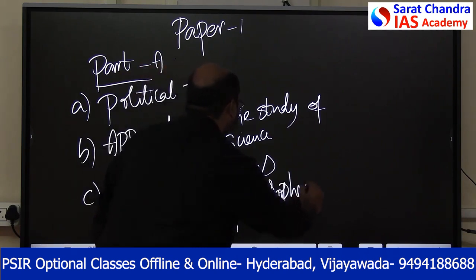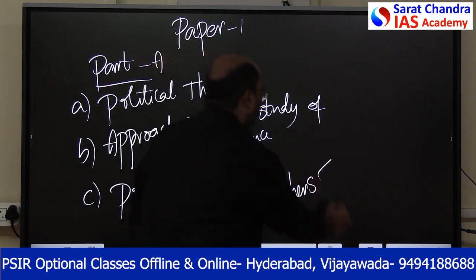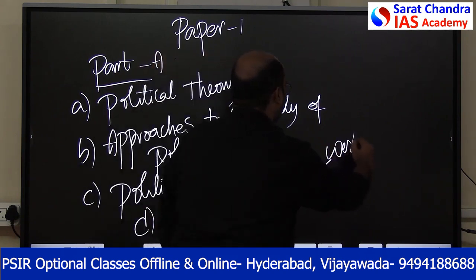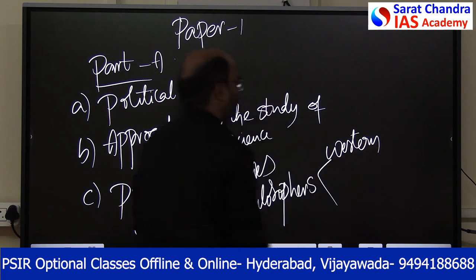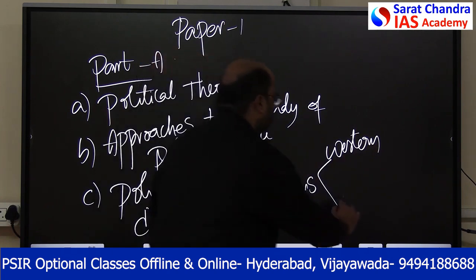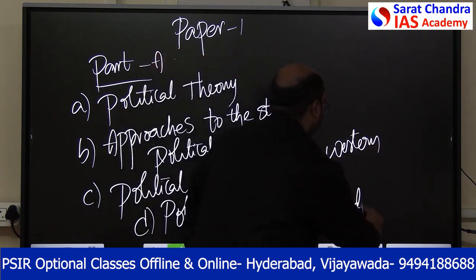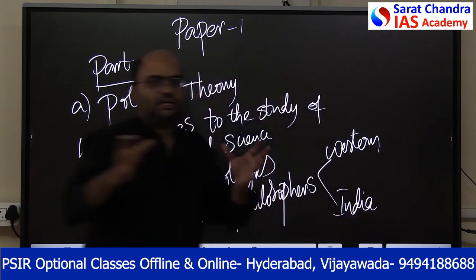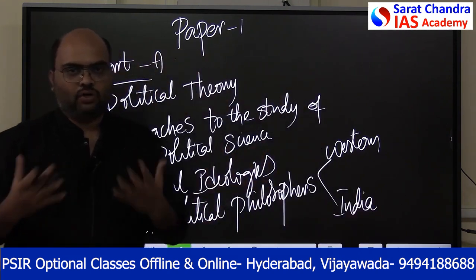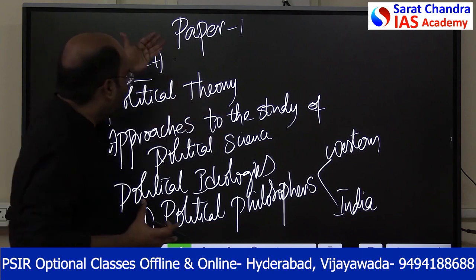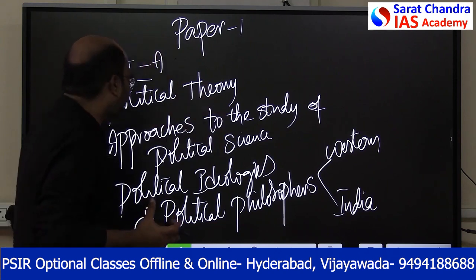Both Western political philosophers and Indian political philosophers. These are the broad categories of concepts in paper 1 part A.